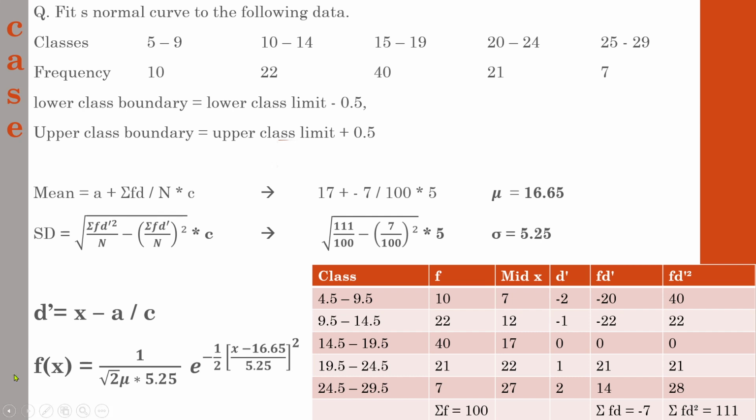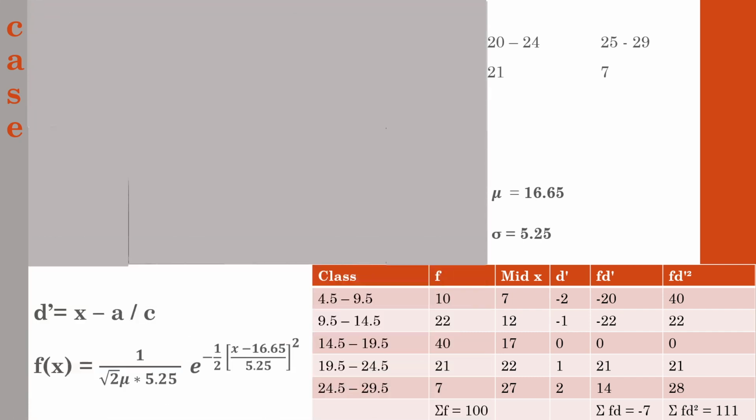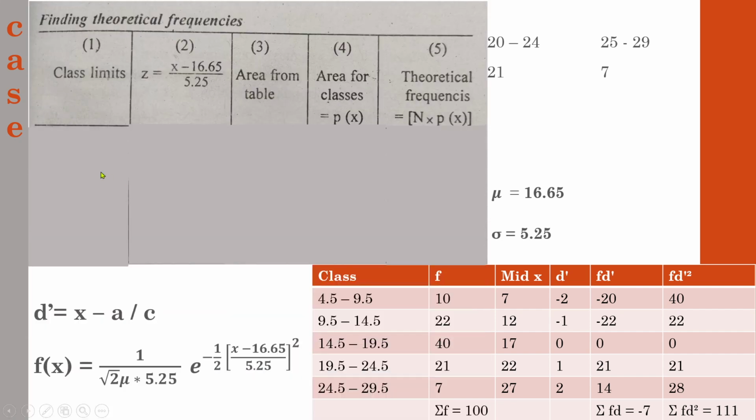So once you write down this step, we are going to the real computation where we are going to find out the theoretical distributions of the x and f variables given in the question. So the next step, that is the main one, where you have to write down 5 columns.